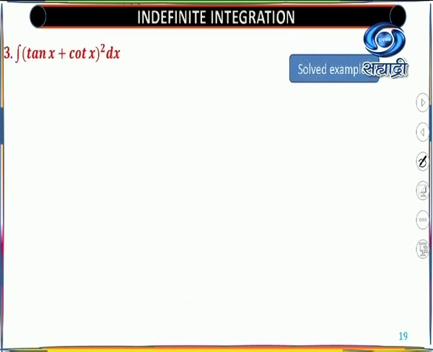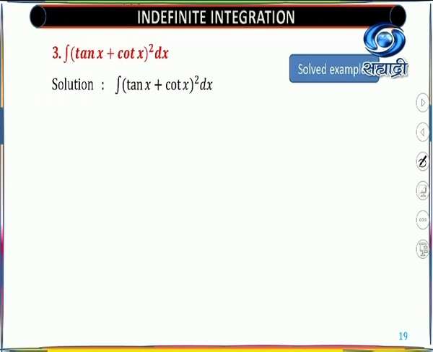Okay, now next example. Next example is integration of tan x plus cot x, bracket square, dx. In this also, now look at here. This is the example tan x and cot x bracket square. Either you square it, and that is the procedure to square it, or first you write down sin x upon cos x plus cos x upon sin x, that is in terms of trigonometric ratios.